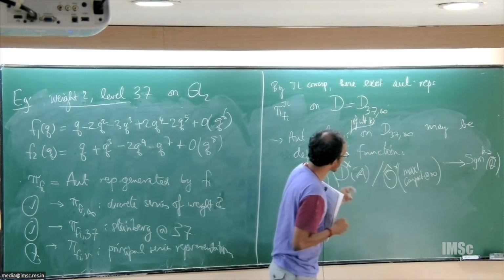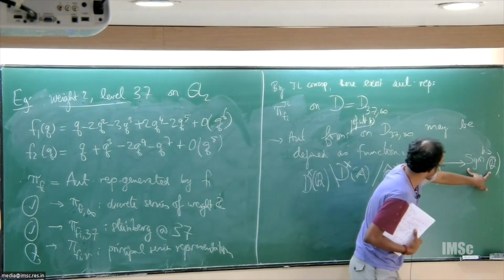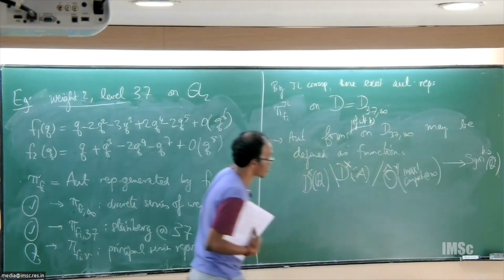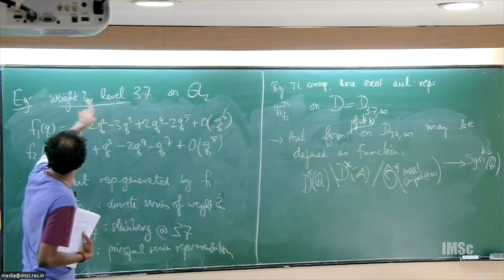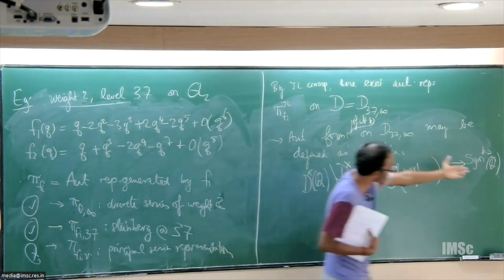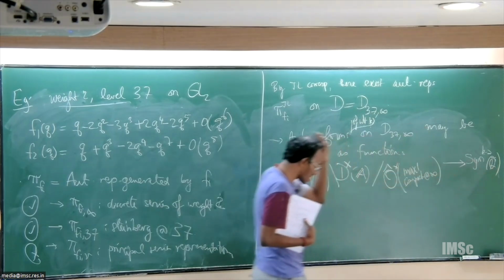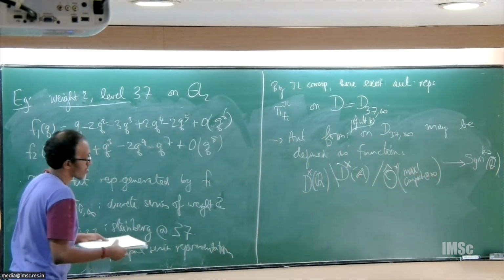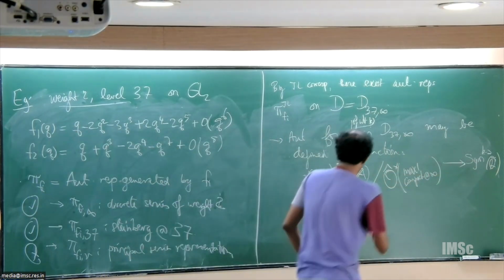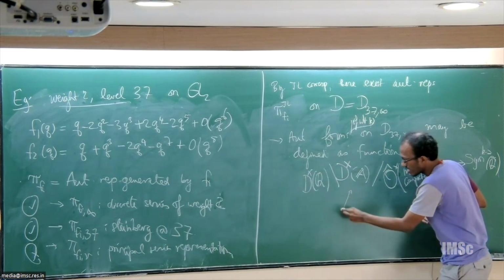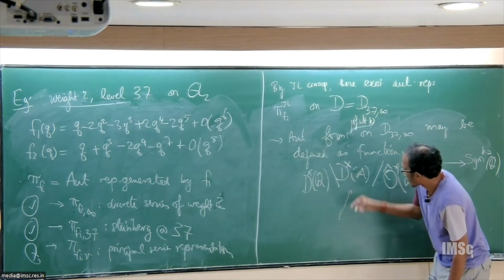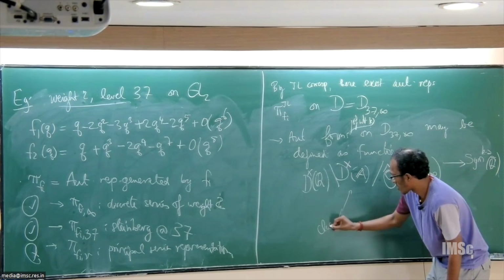If you have a weight k form, you have to look at functions valued in Sym^{k-2}. So now weight 2, I should look inside Sym^0 of Q̄. So that's just functions into Q̄ on this finite quotient. This, from our experience in classical theory, is simply the class set of the order O.